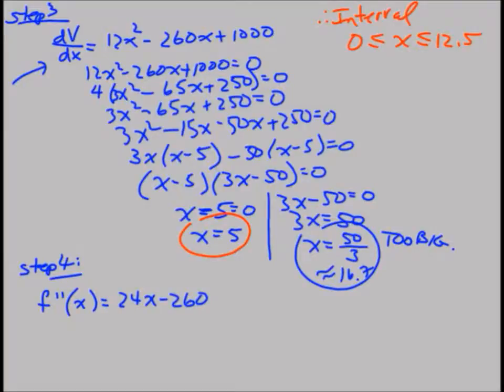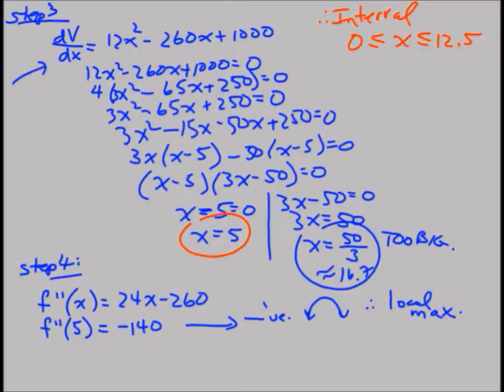So second derivative test, putting the 5 in there, we get negative 140. This is a negative number, which means that it's going down, which means that we have a local maximum. So we are okay. We do have a local maximum.